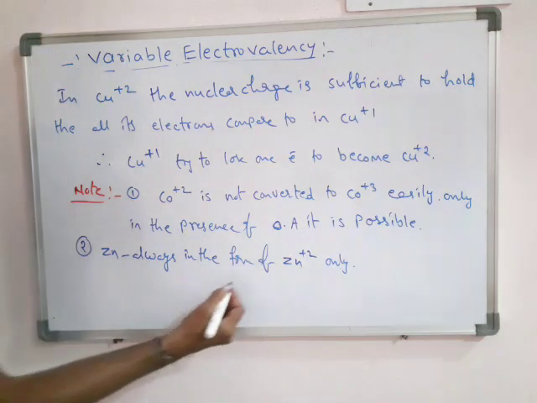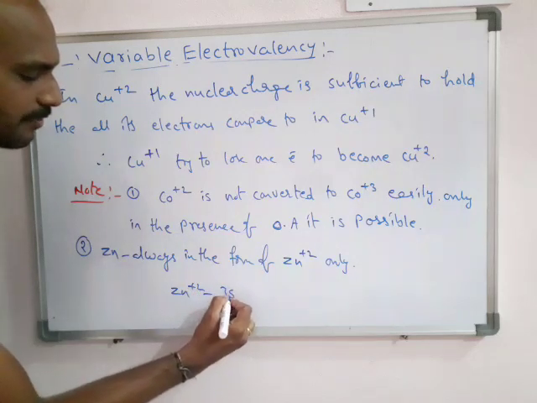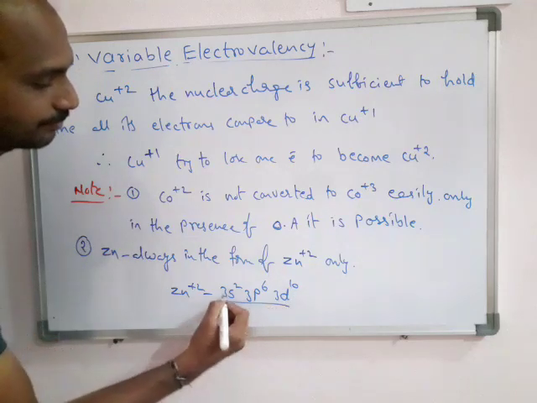Actually, the Zn plus 2 configuration is 3s2, 3p6, 3d10.